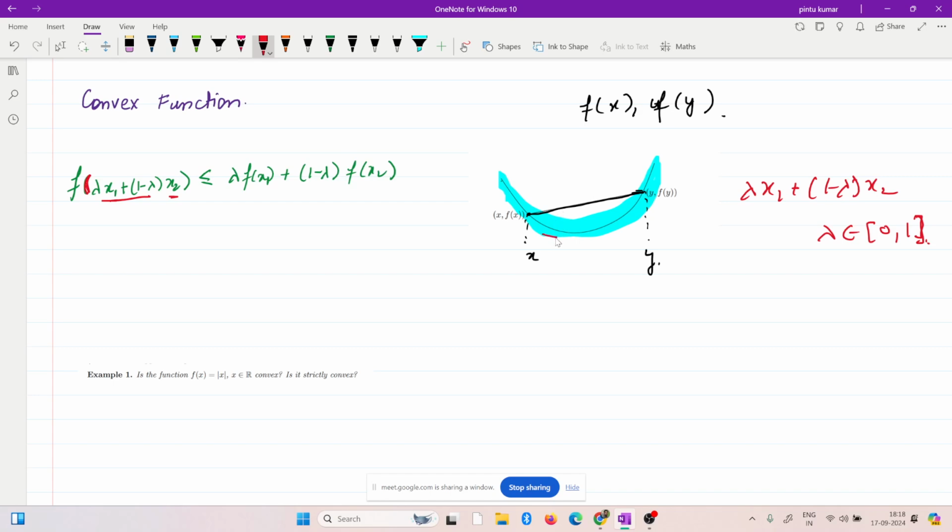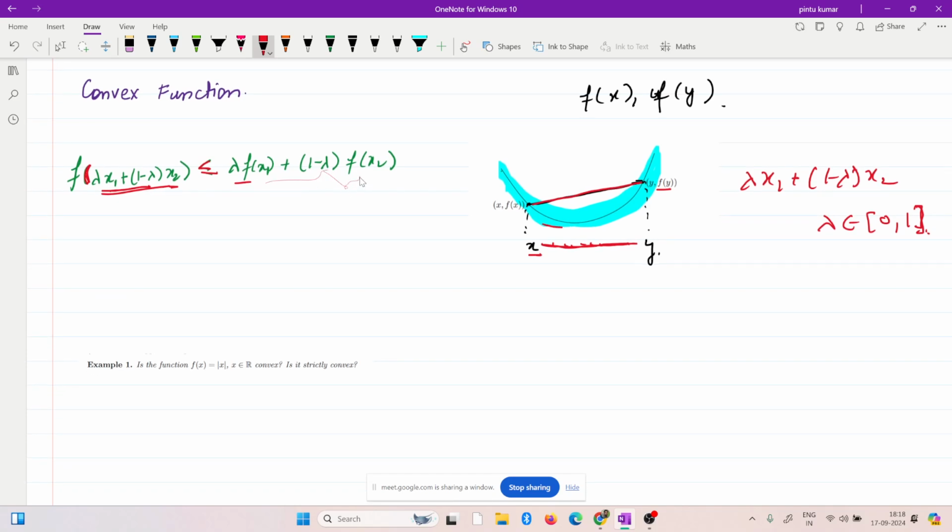Okay. So this is the formal definition, that the value of function at any point in between this. So this is your x and y. So if you take line joining x and y and you look at the function value at any point on this line, that is always less than the value of this line that you have drawn between f of x and f of y. So this is the line between f of x and f of y, right?